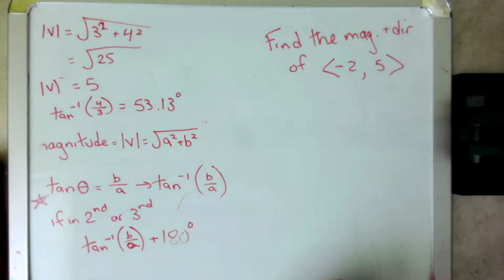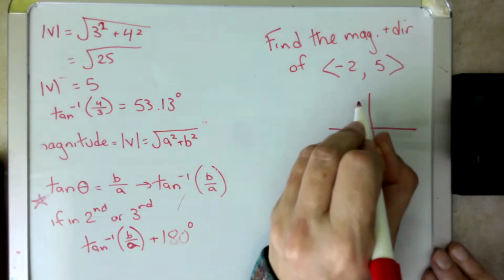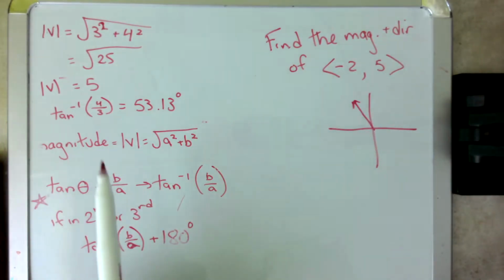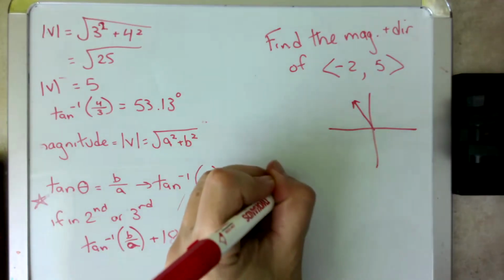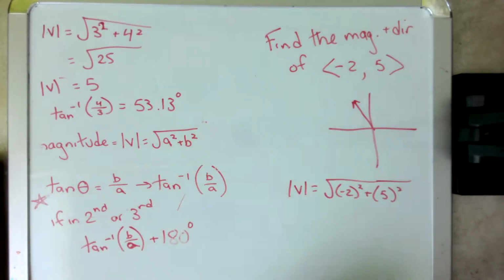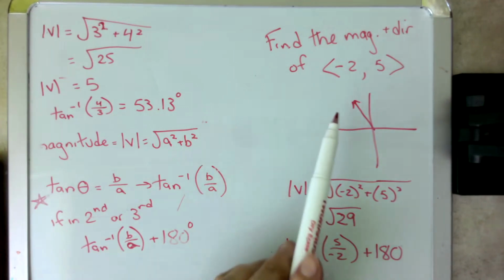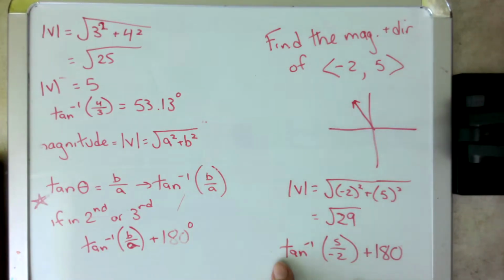So I'm going to start with a picture. Over -2, up 5. That's my vector. Okay, so I'm going to start by finding my magnitude. Square root of -2 squared plus 5 squared, square root of 29. And now I'm going to find my direction. And right away, because I see it's in the second quadrant, I'm not going to mess around.